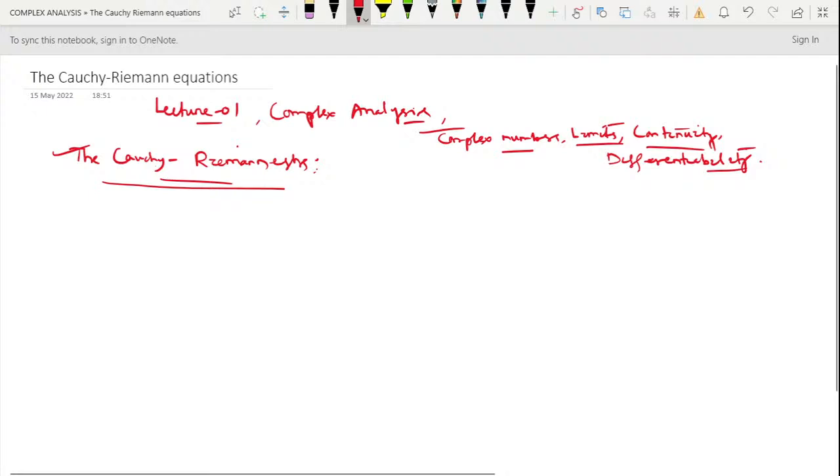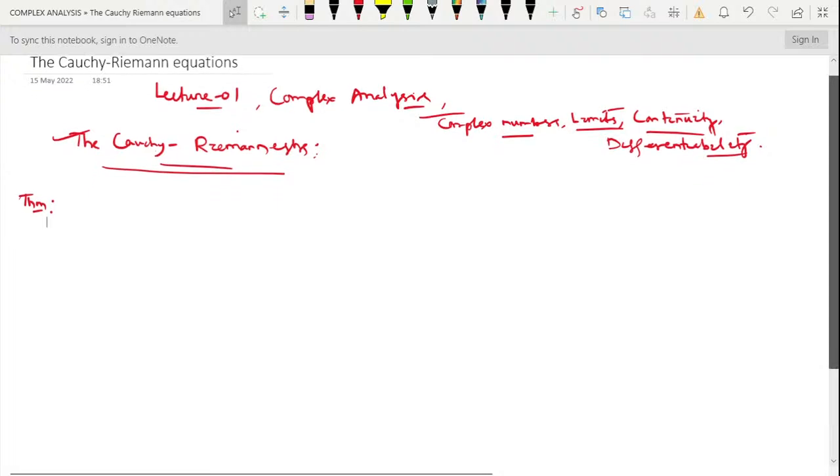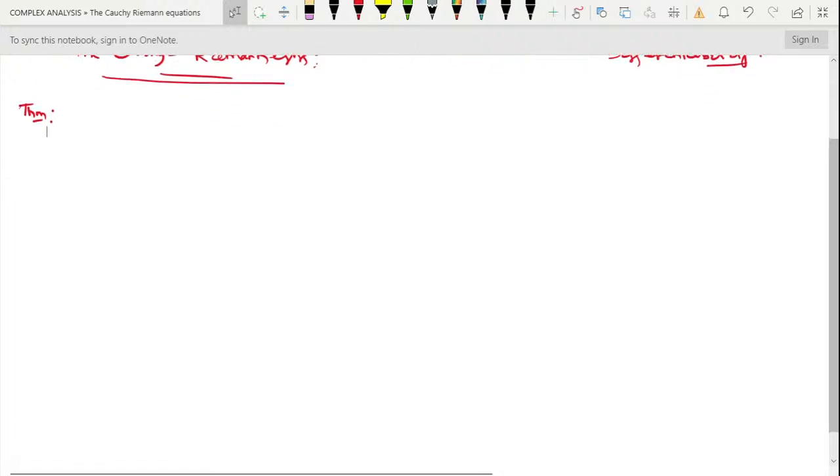Now first I will give a statement of a theorem and I will prove it. So this is the statement of the Cauchy-Riemann equations.